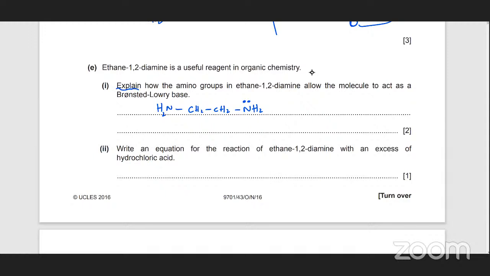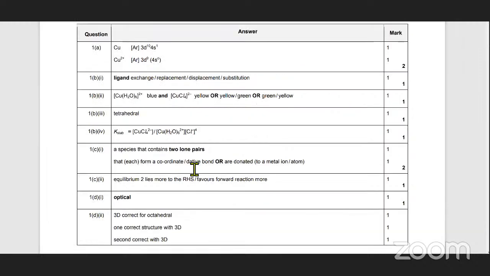You didn't have to actually write an equation. So you're going to talk about the lone pairs, and you're going to write that they accept H+ ions, which is why they act as a base. And you can write an equation for this. Actually, you should write an equation for this because it's a 2-mark question. You can show an H getting added to this. The second mark is probably for that. Compare.